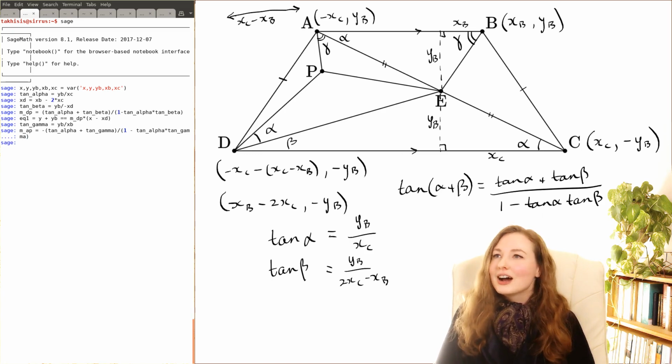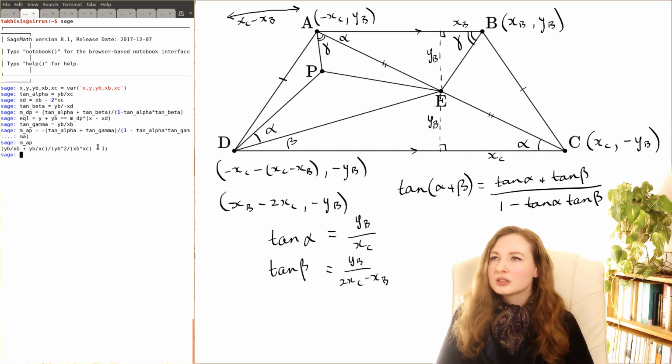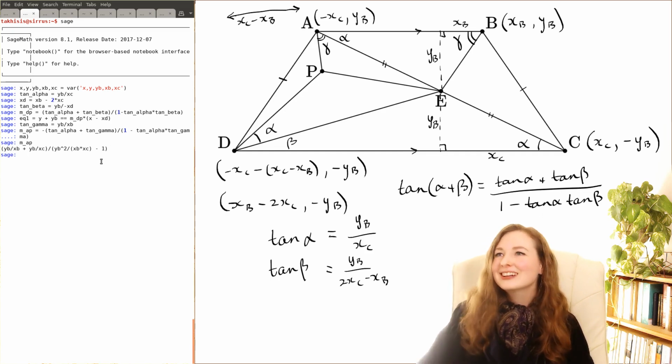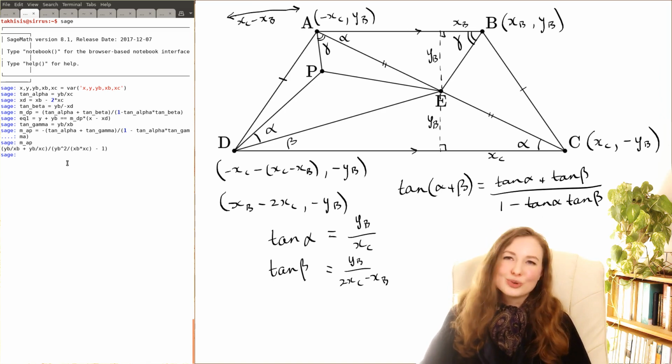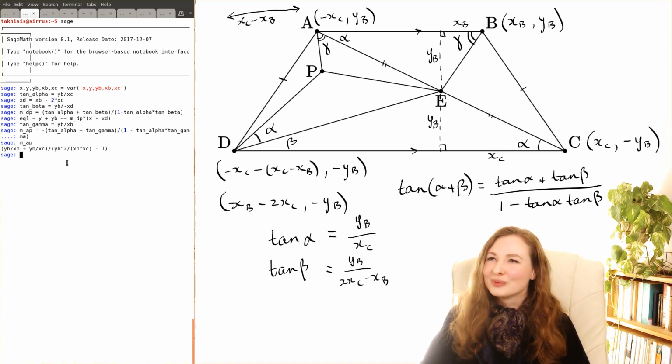Okay, so we can actually have a look at that if you want. I didn't want to do all this by hand, but it just got a little bit messy, so it's doable, but it was a bit annoying.